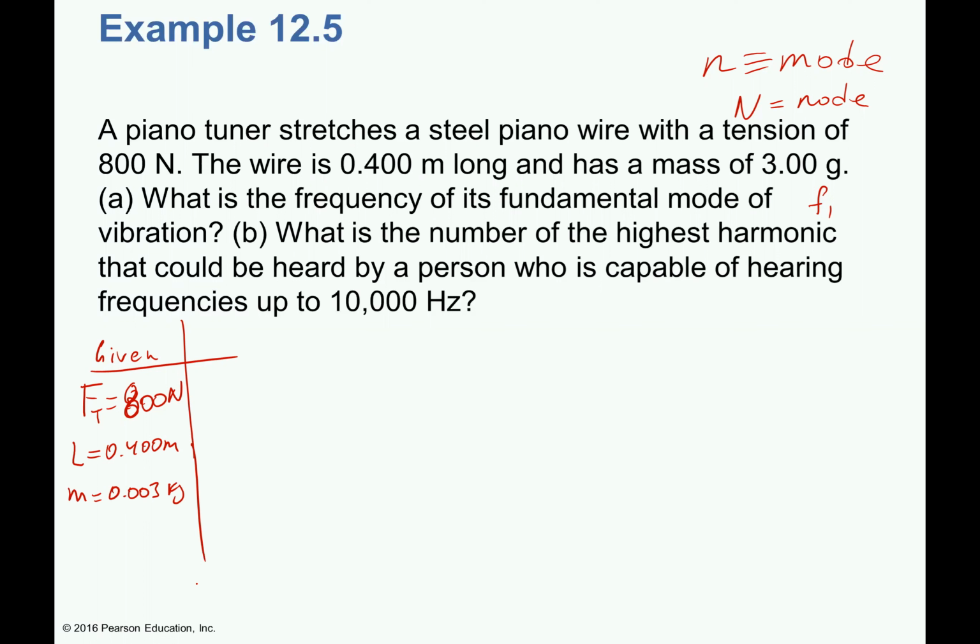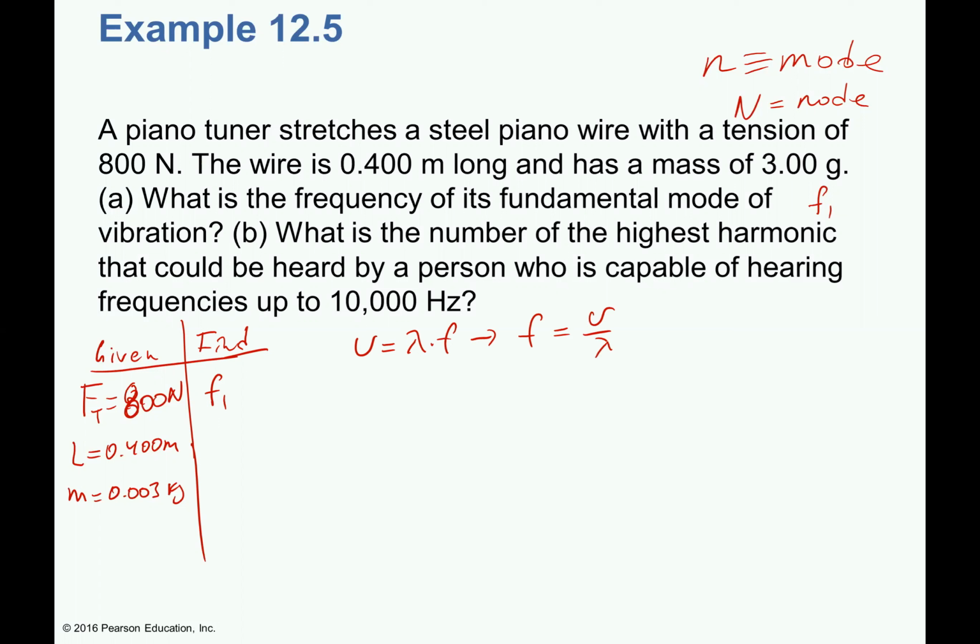So we want to find f1. Remember that one of the ways to find f is from the equation we've already seen many times: speed equals wavelength times frequency. If I rearrange, then frequency is speed over wavelength.